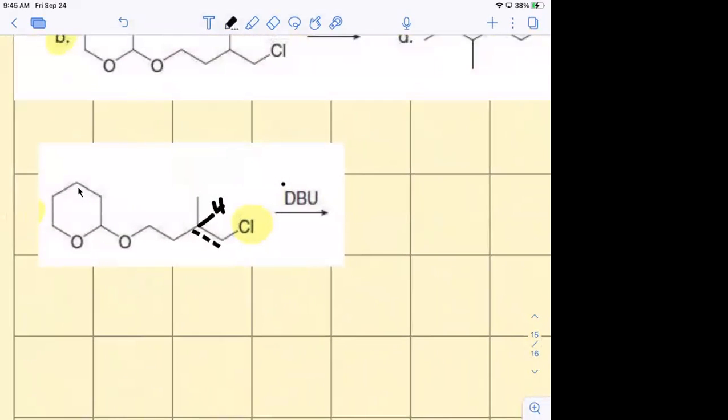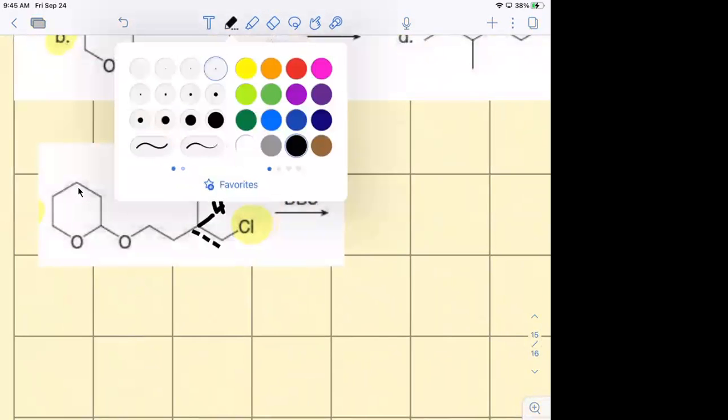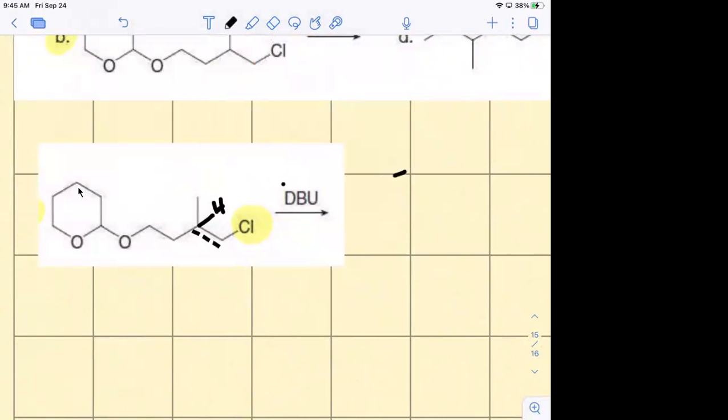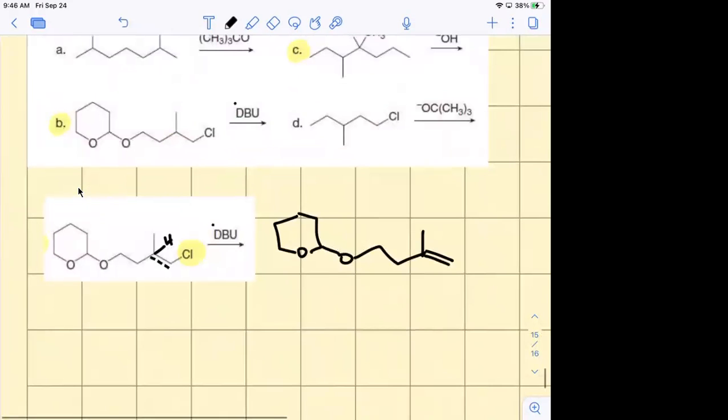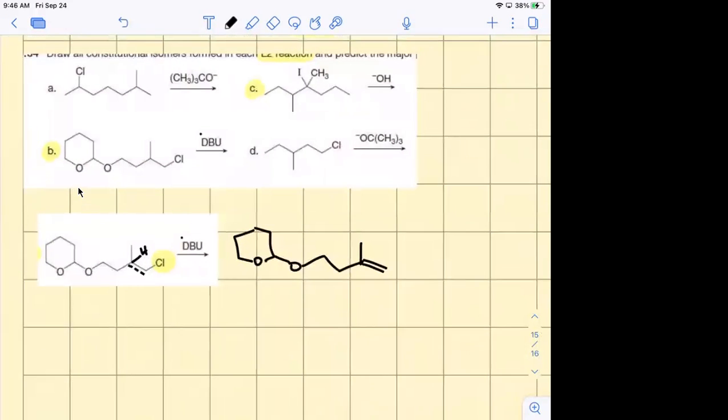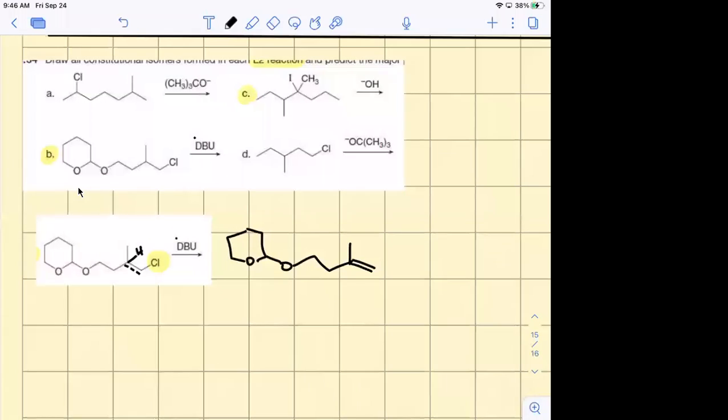Right, so now, when I draw that product, that's what that product is going to look like. And it's E2. It told you that was E2. All right, let's look at C.